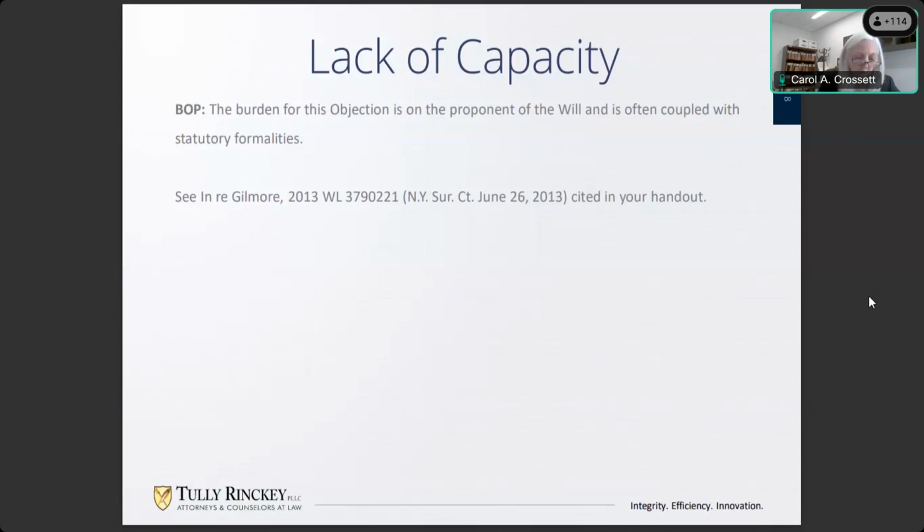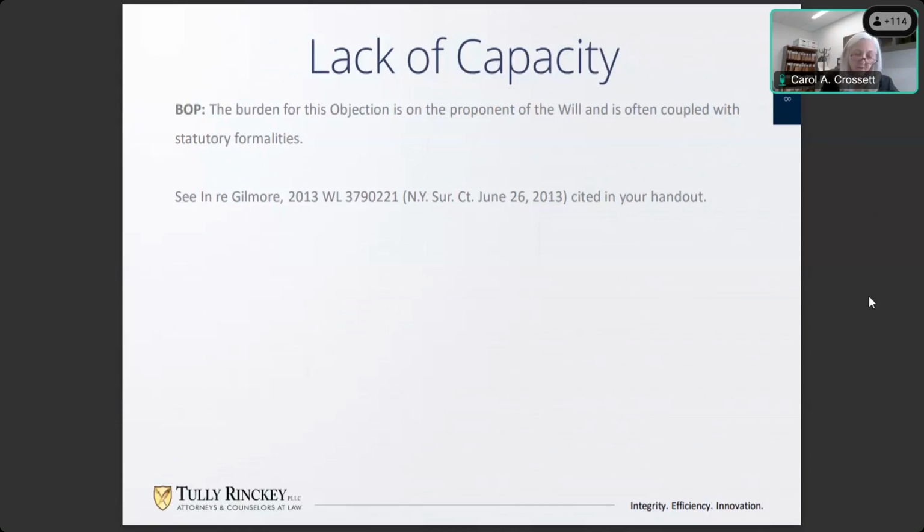I also cited Crawford versus Smith. Now that has nothing to do with the admission of a will for probate. It does have to do with a deed instead. And again, we go back to a will requires less mental capacity than any other instrument, including the deed. But what I found interesting is it's a Second Department 2023 case, and the court touches upon the same subject matter.